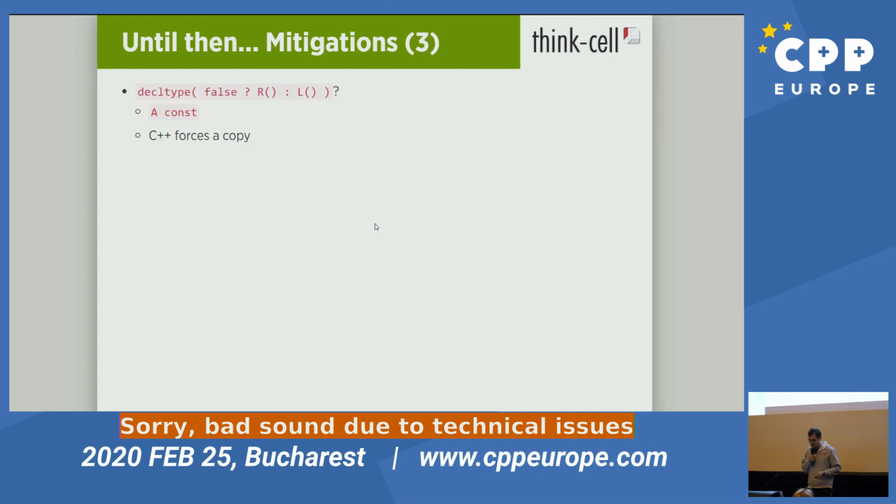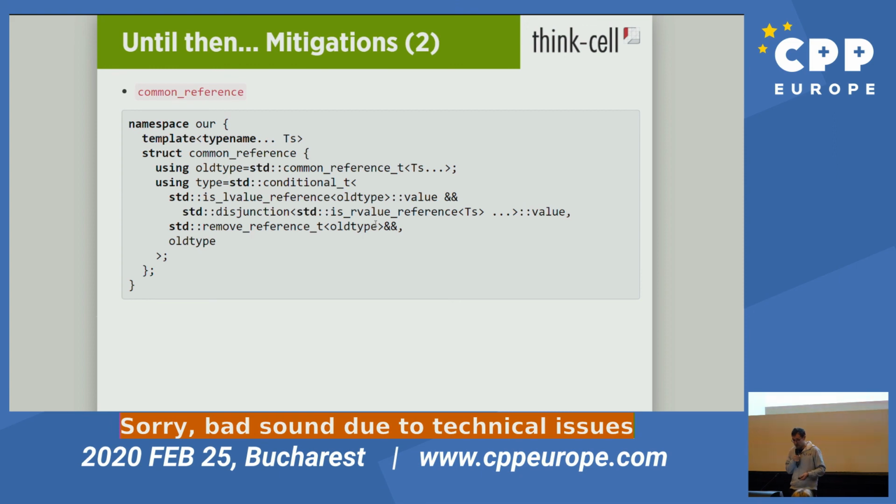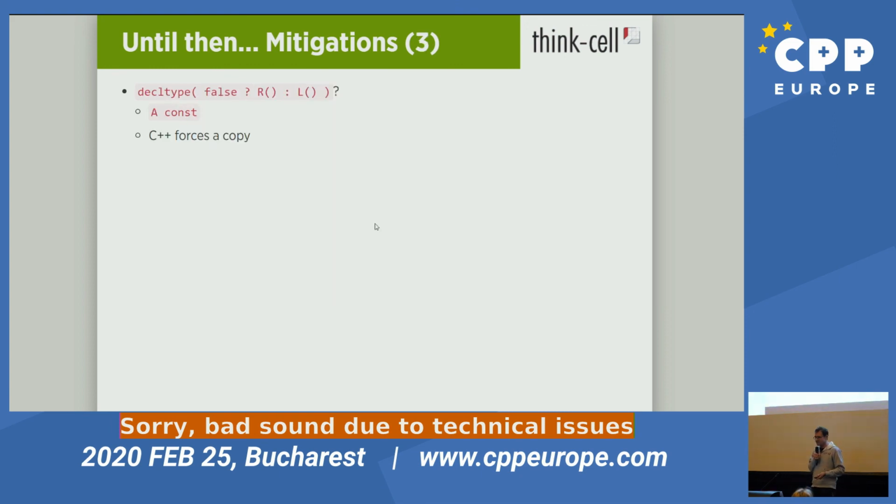Now you may think, well, what is that all good for? Does it help me in practice? Well, actually it does. So say you're using these ternary operators. Right now it's a const. We had that already.